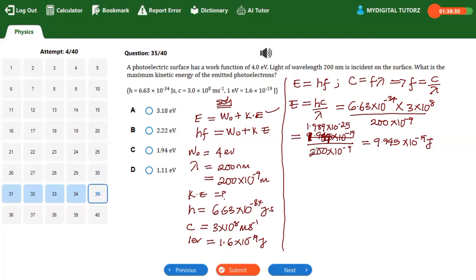So our energy is in joules, but our work function is in electron volt. It's either you convert everything to electron volt or you convert this one to joules and work in joules. But our options are in electron volt. So we have to convert this energy in joules into electron volt. We know that 1 electron volt is equal to 1.6 times 10 raised to power minus 19 joules.